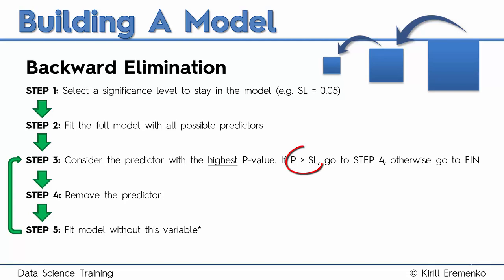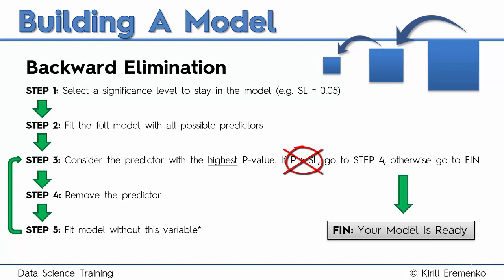So if that condition, p is greater than SL, is not correct, then you don't go to step 4 anymore, you go to fin. In this case, fin is the finish. Your model is ready. As soon as all of the variables that you have left in your model have p-values less than the significance level, your model is prepared. So that's how the backward elimination method works. Let's move on to the next one.